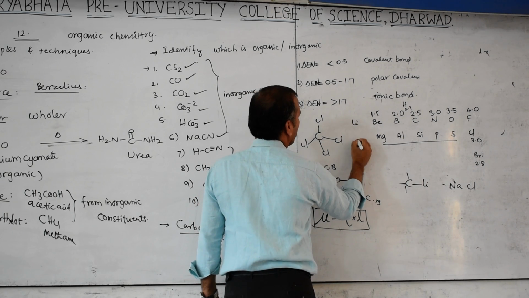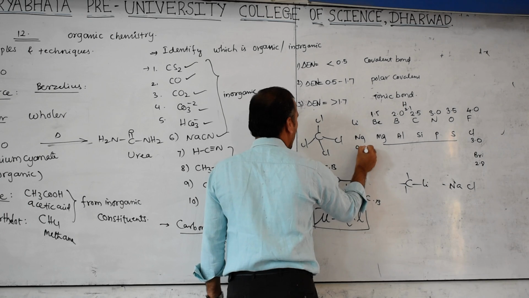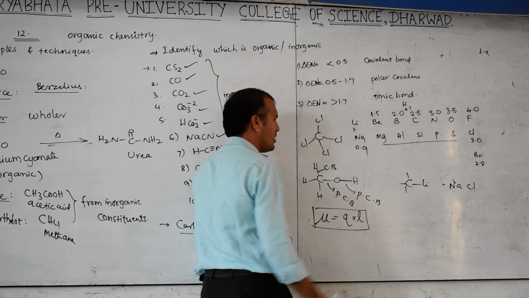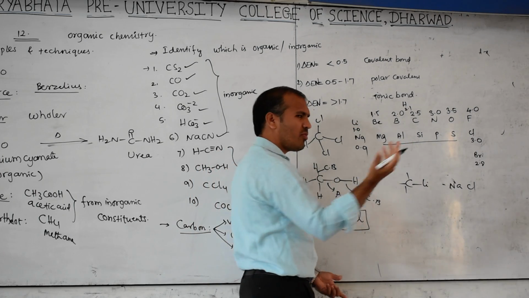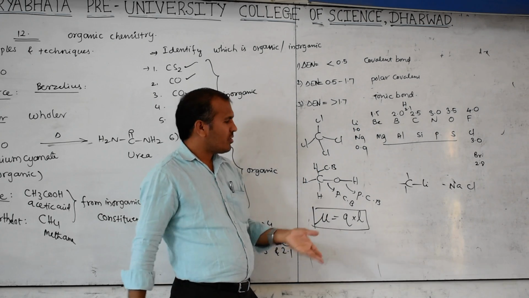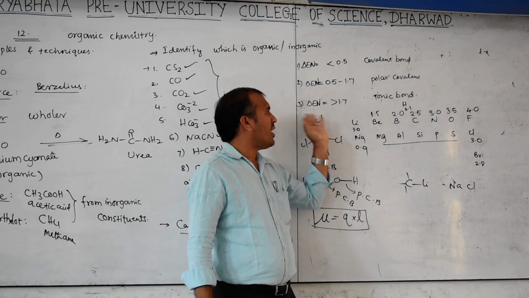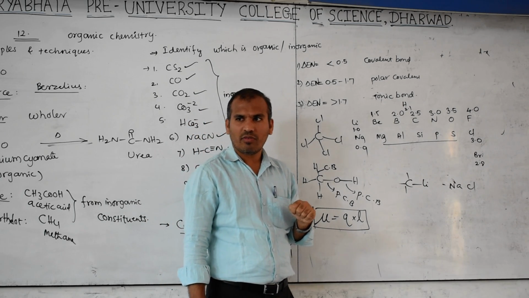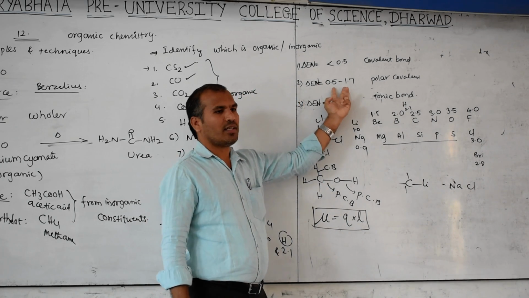Here lithium, here sodium. Sodium is 0.9, which is nearly 1, not 1.1 or 1 point something. 0.5 is 1 only, no? So the difference: now calculate 2.5 minus 1. 1.5 comes in this category.